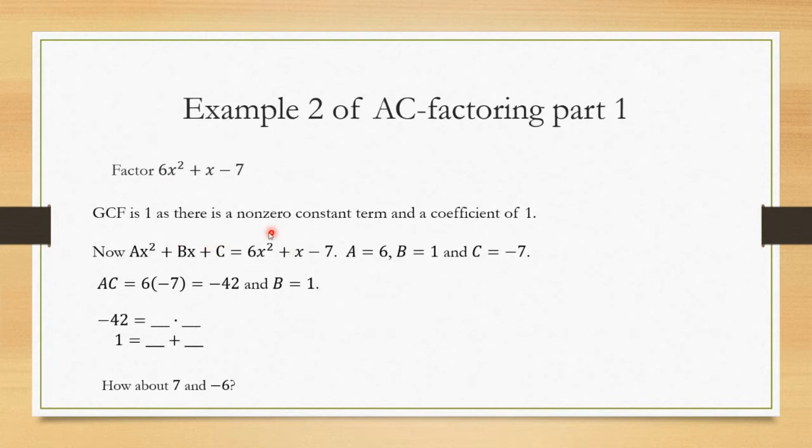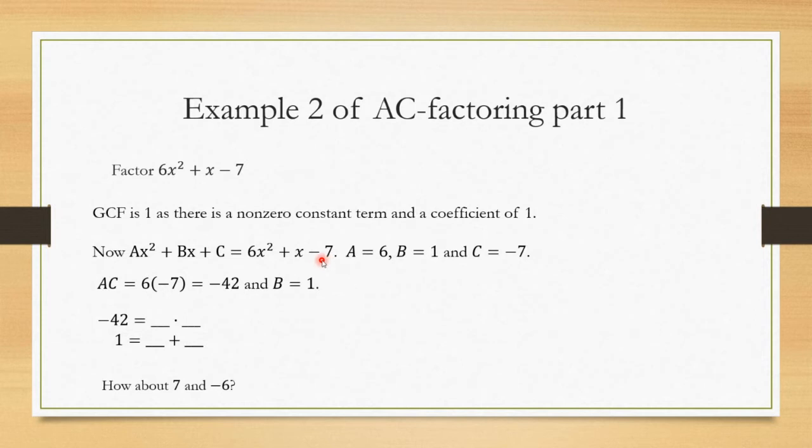By comparing, which is what I'm doing here, we can see that capital A, which is the leading coefficient of the polynomial, the coefficient of x squared, is 6 in this case. B, coefficient of x, is 1. C, the constant term, is minus 7.